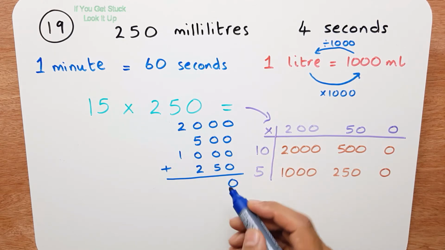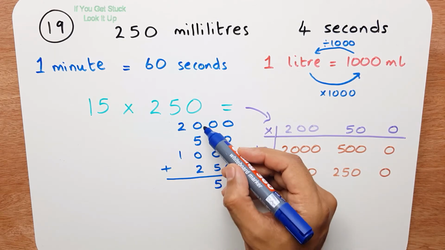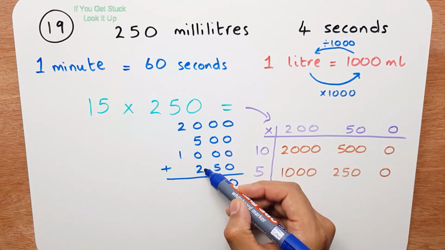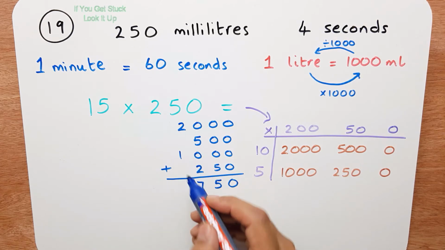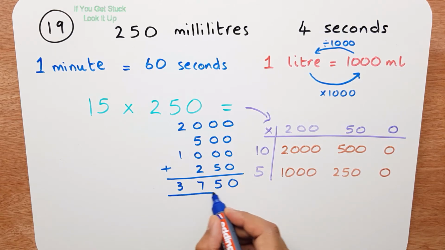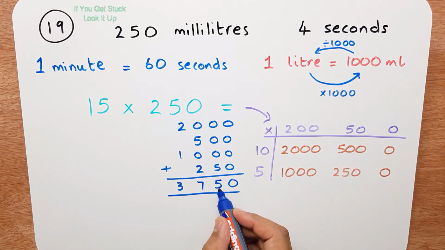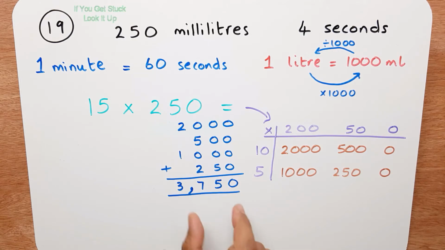This column is 5. 5 add 2 is 7. And 2 add 1 is 3. As before, 1, 2, 3, comma. So this is our thousands. So it's 3,750.